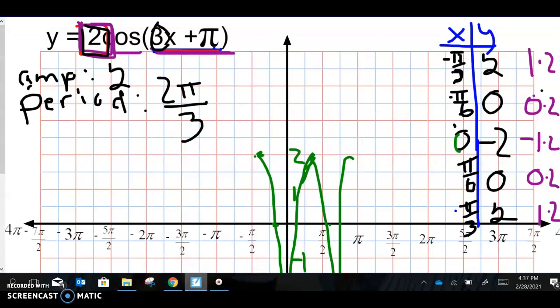So the phase shift is, remember, the horizontal shift. It's always the opposite of what we think, right? This says plus pi, but it was shifted to the left. It's shifted negative pi over b. Negative pi over 3 is the phase shift.